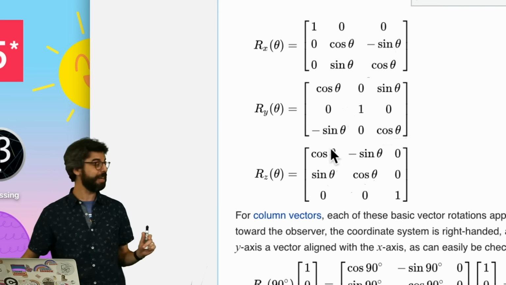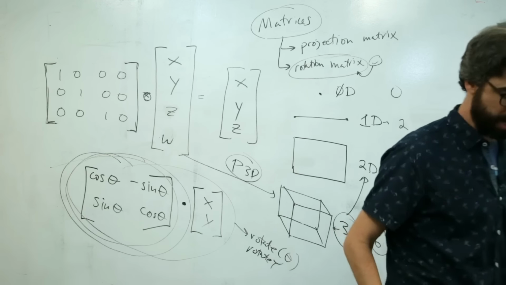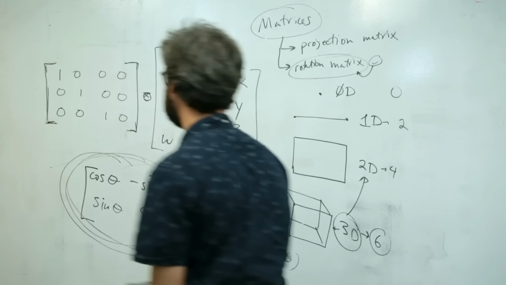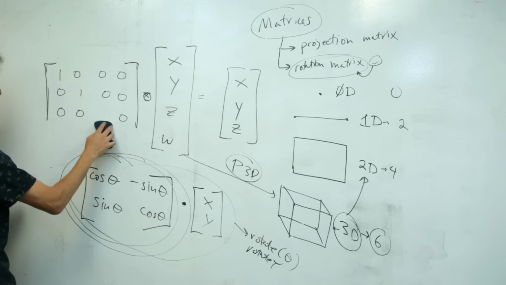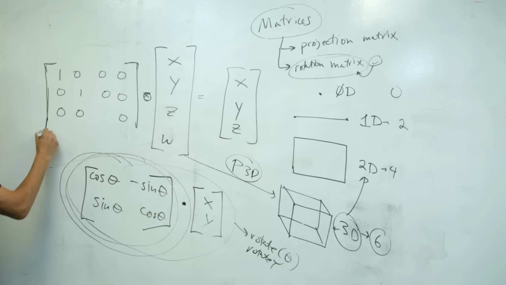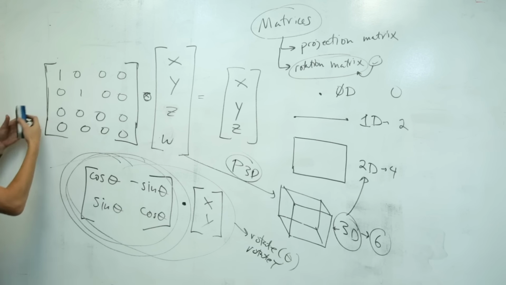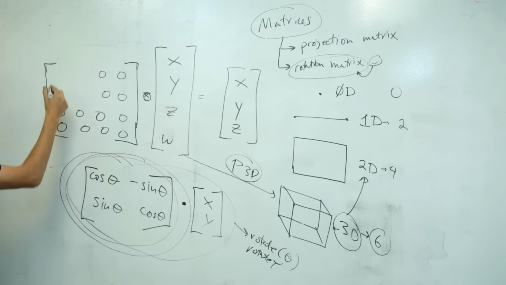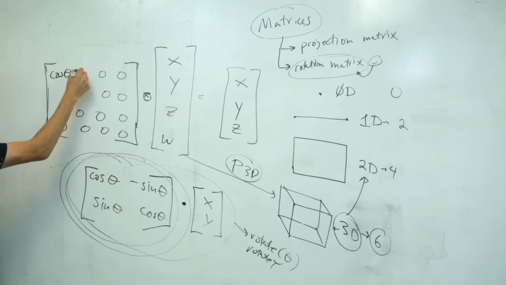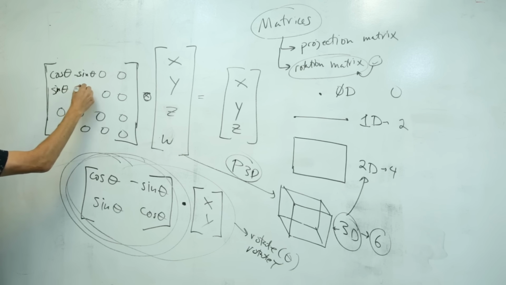But I want to do this in 4 dimensions. So what I need to do rotation in 4 dimensions is the following. I need to pick which axes I want, and I need a 4x4 matrix. In this case, I'm going to use the x and y axes. I'm going to say cosine theta, negative sine theta, sine theta, cosine theta.